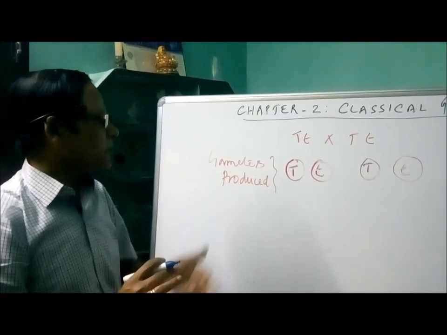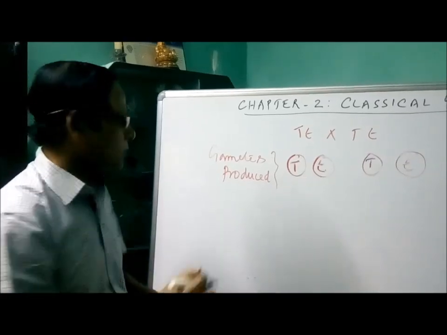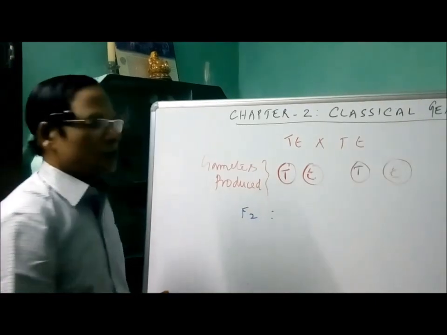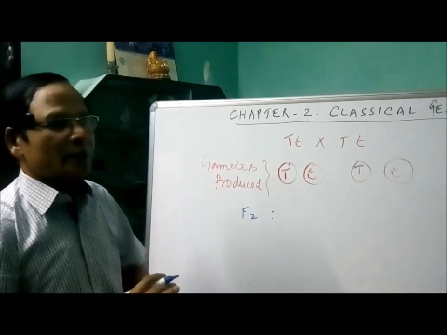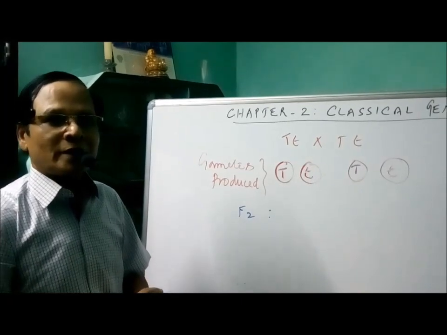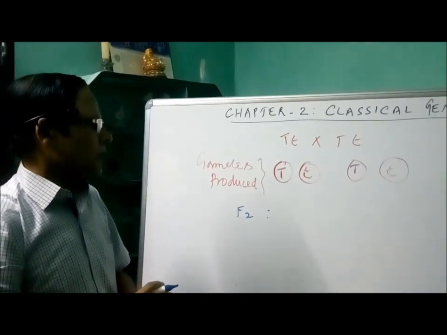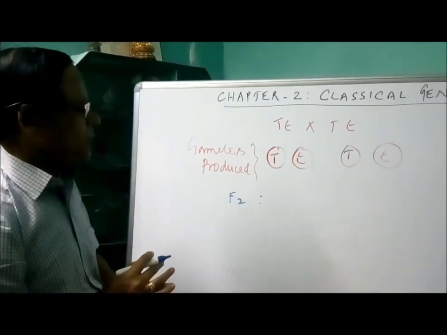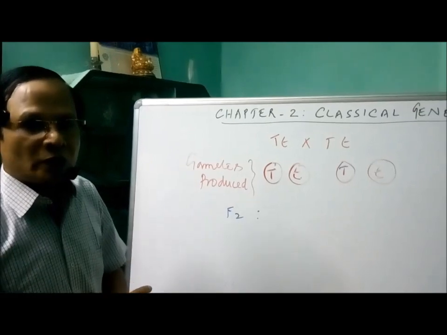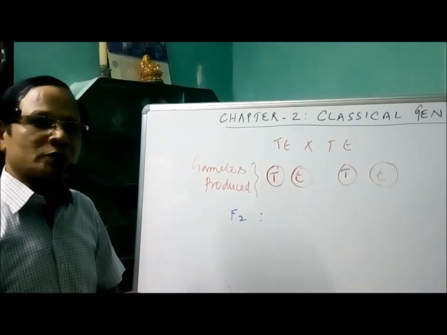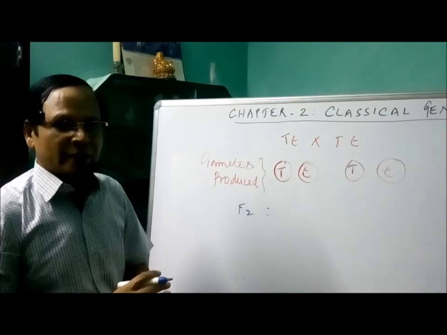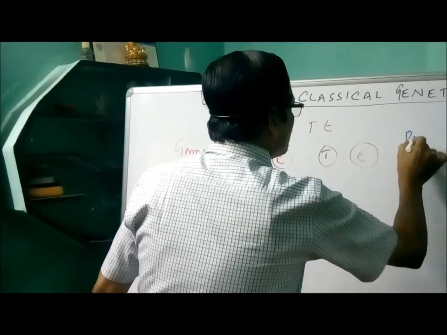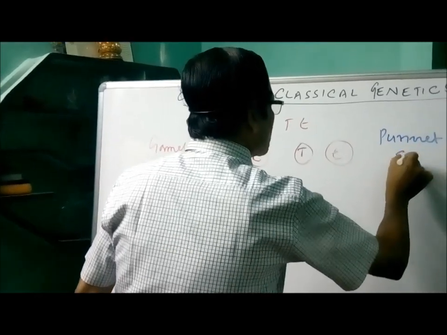So we can represent the products of this self-fertilization process in F2 either by the four-line method or by what's called the Punnett square. As a result of the fusion of the gametes by random union during fertilization, we can find out the phenotypes and genotypes of the progeny by a graphical representation, and that is called the Punnett square.